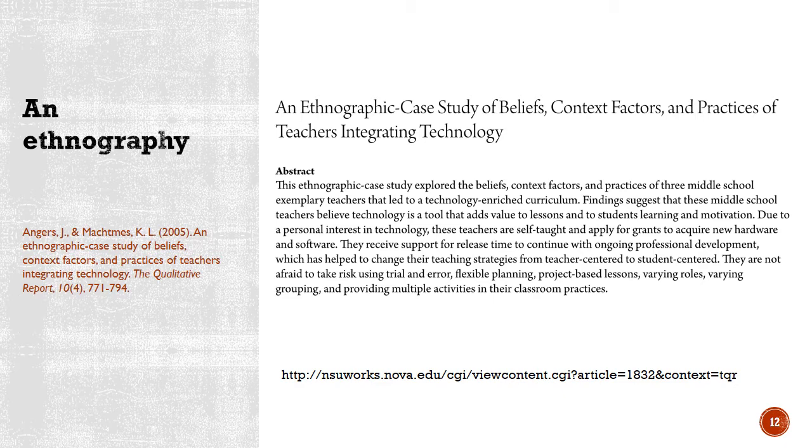And we can't tell, of course, from this short description how the researchers interacted with the teachers or what sorts of data they collected. But if you want to learn more about that, you can visit the link below and have a look for yourself.